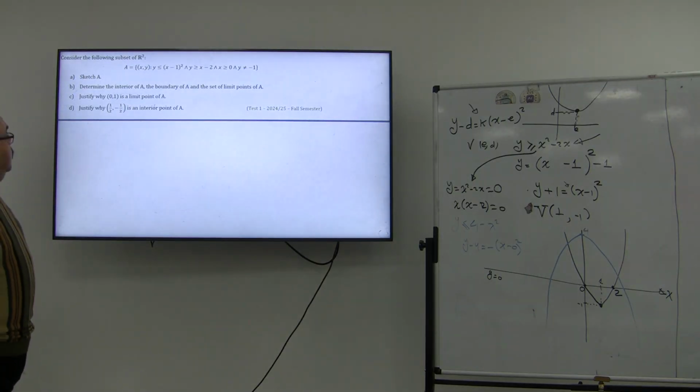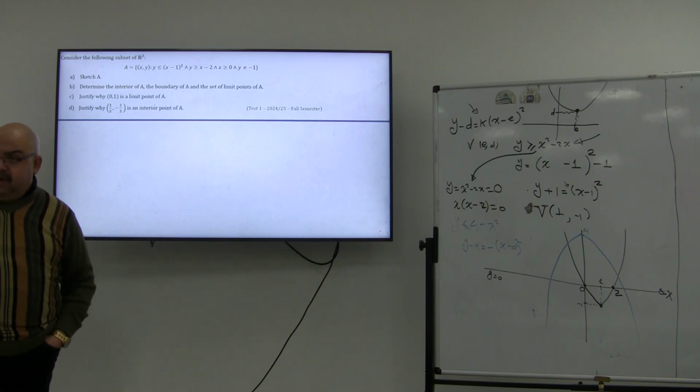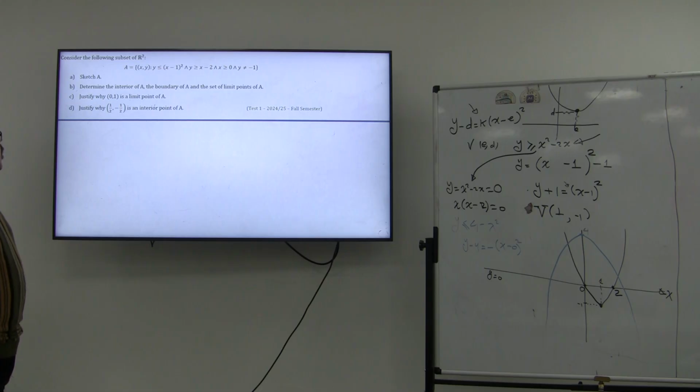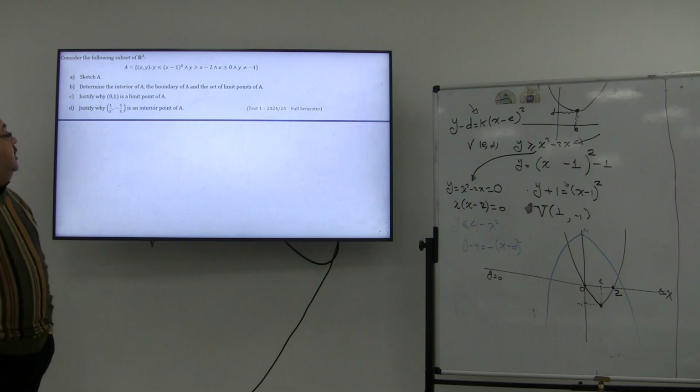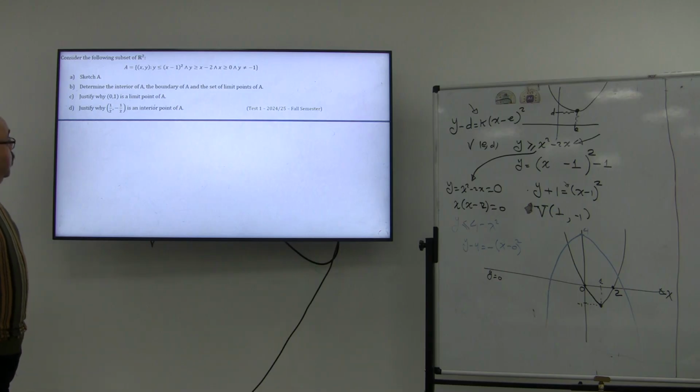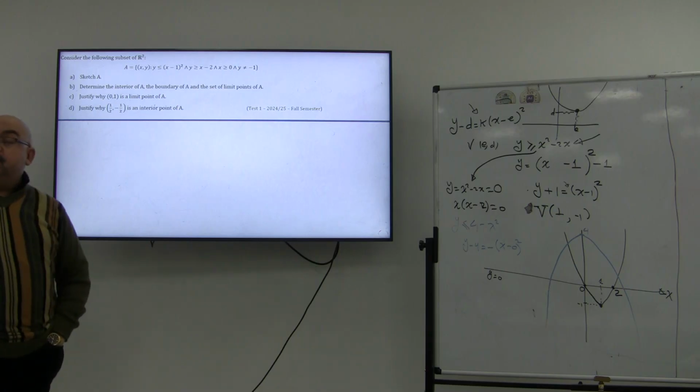Look at this problem also. One of the beautiful problems, it came in fall semester 24 and 25. And he is giving you y less than or equal to x minus 1 to the power of 2, which is the equation y equals x minus 1 to the power of 2, also a parabola, right?